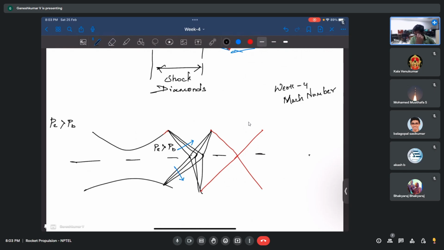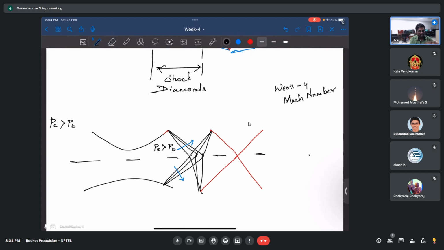Sometimes, even if you take aircraft that move at Mach 0.8, the exit velocity you actually don't need. It's a little bit different; it's not the same as rocket propulsion. You will try to optimize the propulsive efficiency of the aircraft.